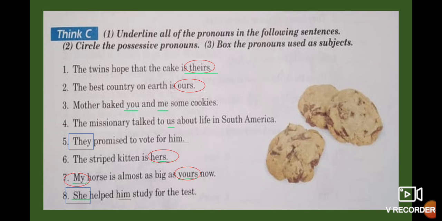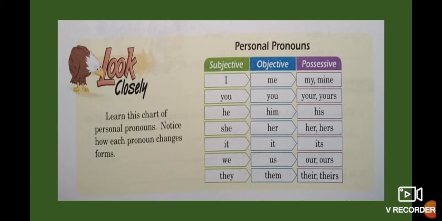Okay, excellent. Let's continue. This one is a summary of all the types of pronoun that we study in the classes. Personal pronouns. Learn this chart of personal pronouns. Notice how each pronoun changes form. The personal pronouns have three types: the subjective, the objective, and the possessive.